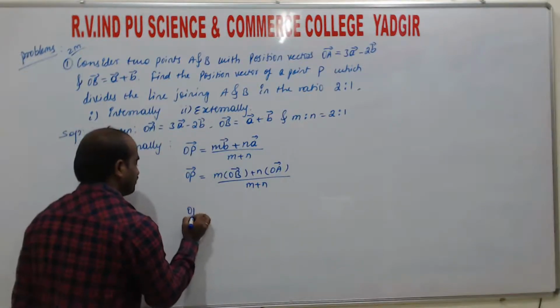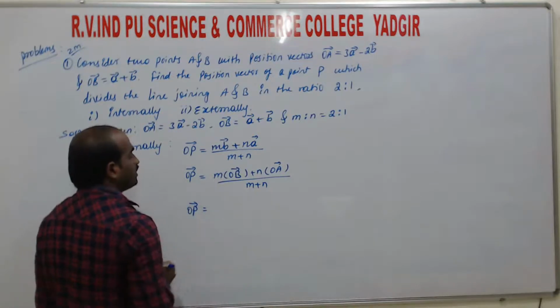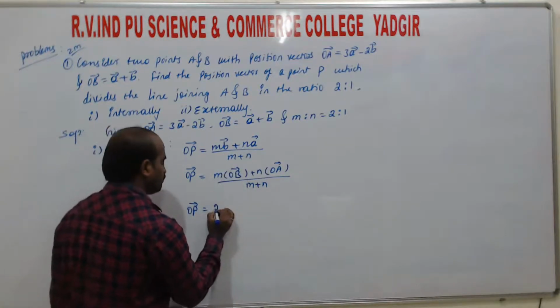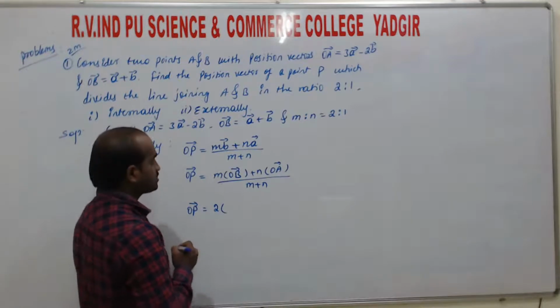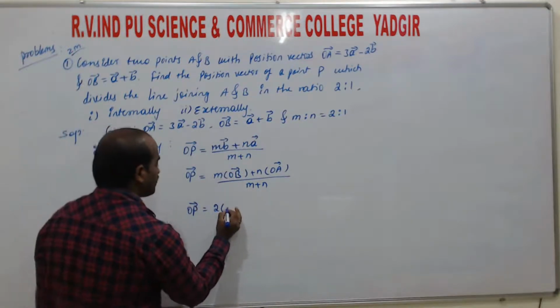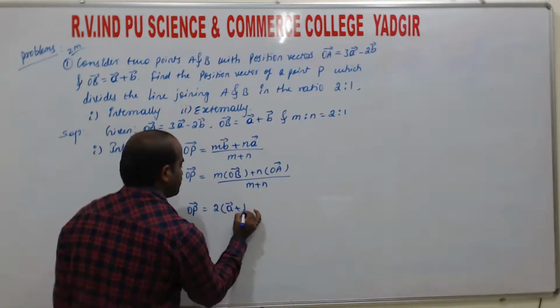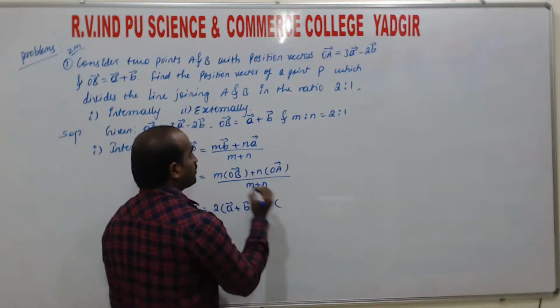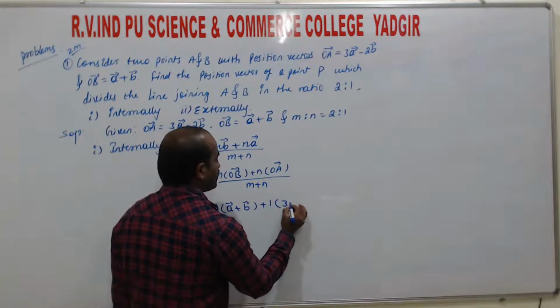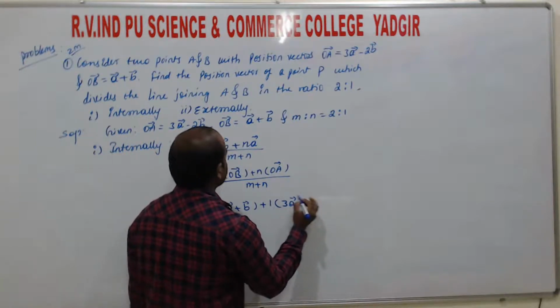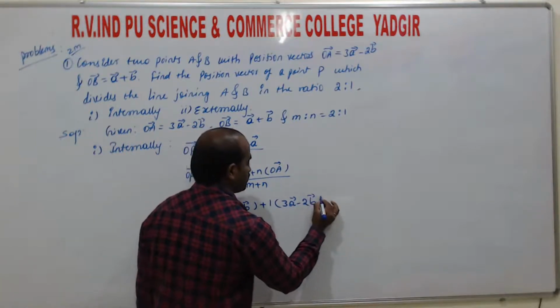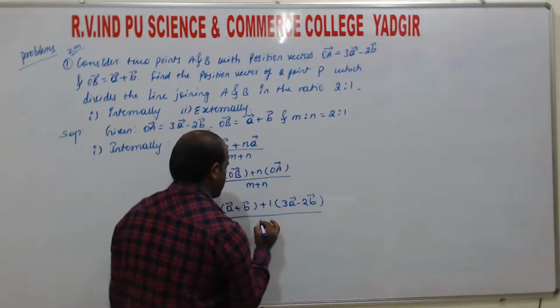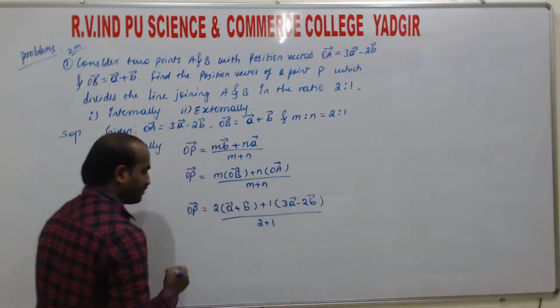Substituting, m is 2, OB vector is a vector plus b vector, n is 1, OA vector is 3a minus 2b, whole divided by 2 plus 1.